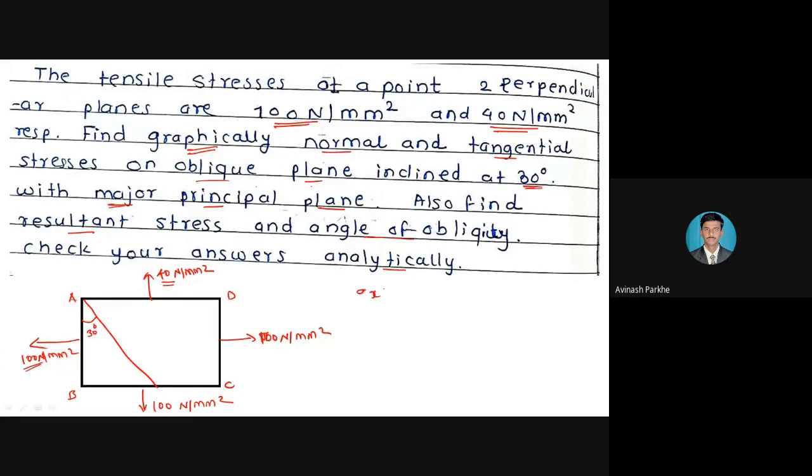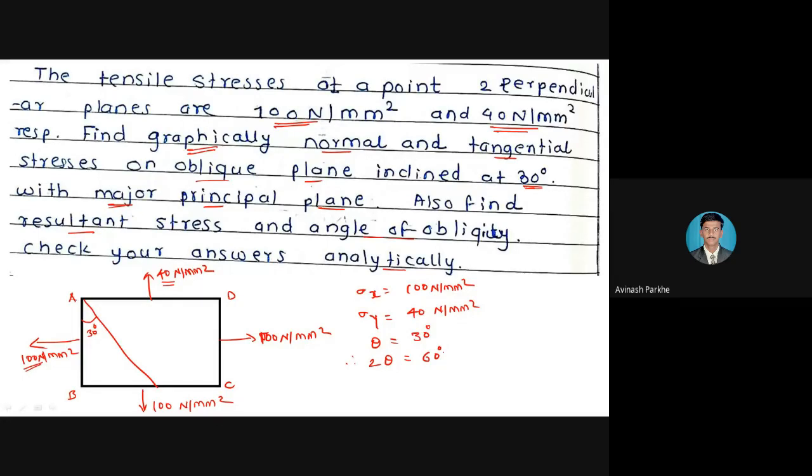So sigma x is equal to 100 Newton per mm square, sigma y is equal to 40 Newton per mm square, theta is equal to 30 degree. One more, 2 theta is equal to 60 degree. Please keep in mind, in the graphical method the theta angle is given to you. By using that theta, you have to write down the 2 theta value.